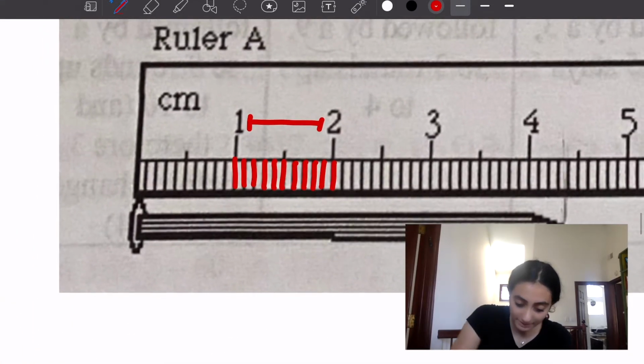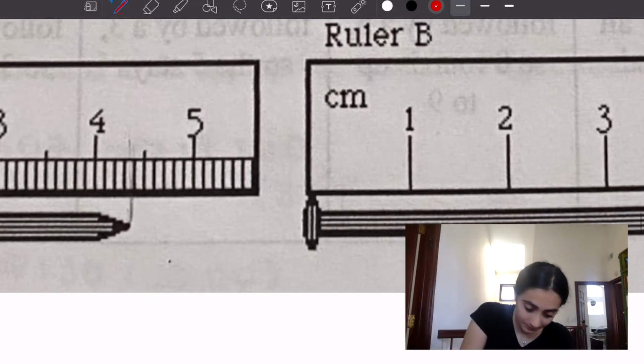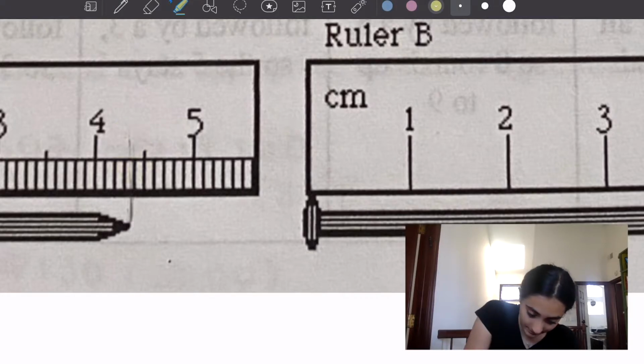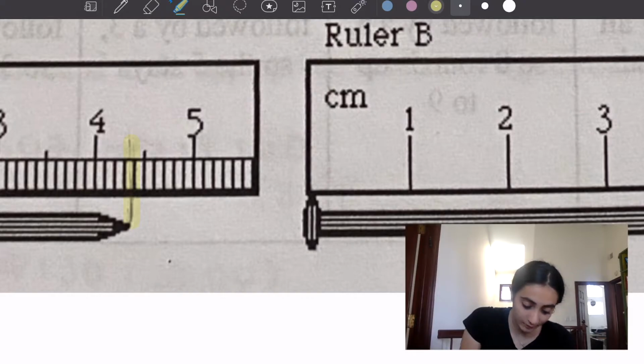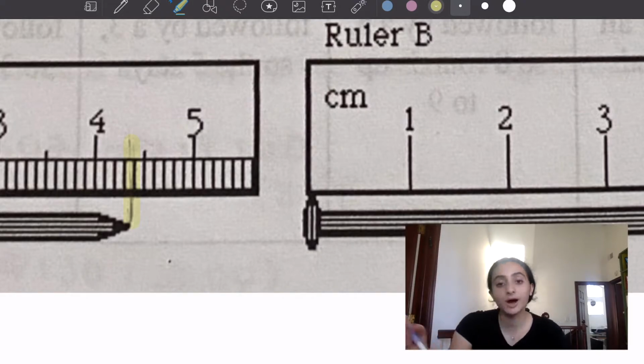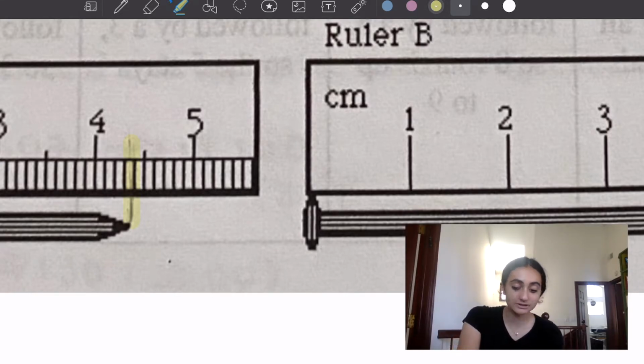So if we have 10 divisions between one unit, each one of these represents 1/10. Now if we go to here, we can see that the ruler is about here, but it is not exactly at the 4.4 line. So I would say you should write an answer anywhere from like 4.37 to 4.39.